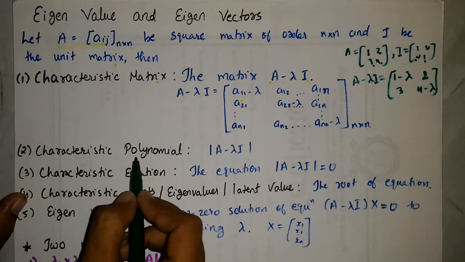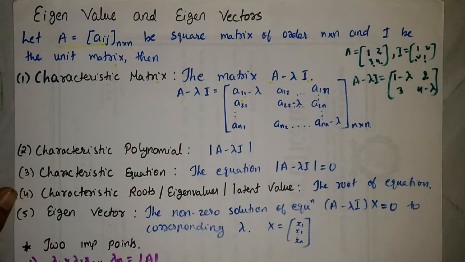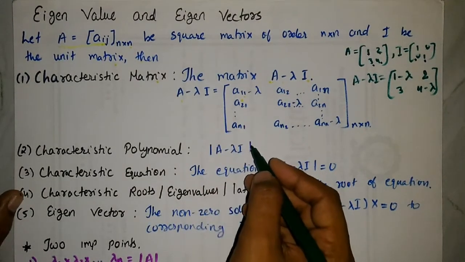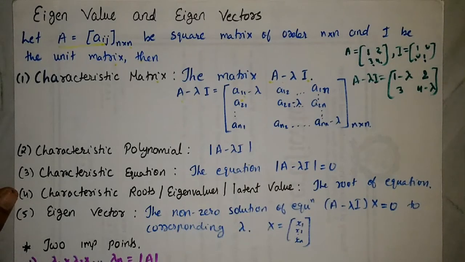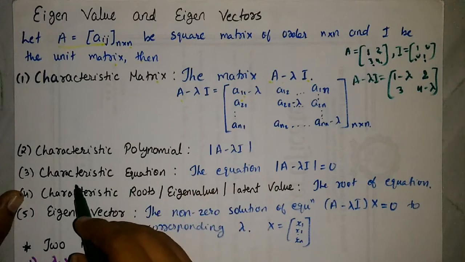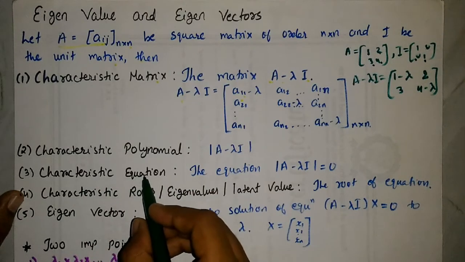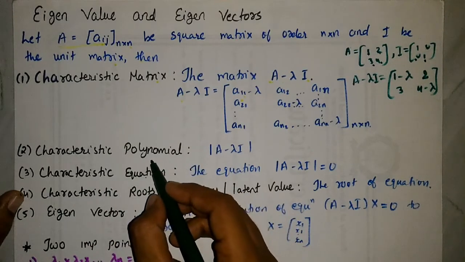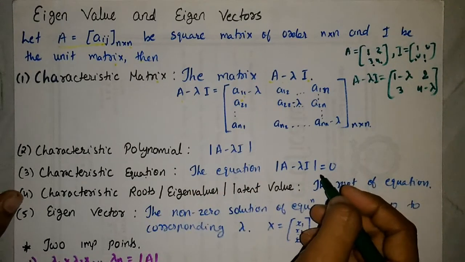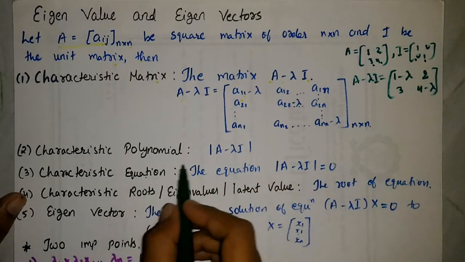The second topic is the characteristic polynomial. When the above matrix is written in the form of a determinant, it is called the characteristic polynomial. And what is the characteristic equation? When the characteristic polynomial is equated with 0, then it is called the characteristic equation.